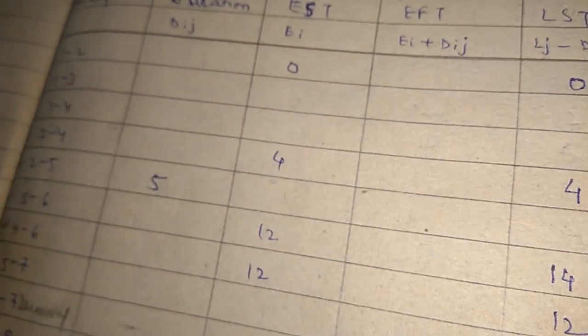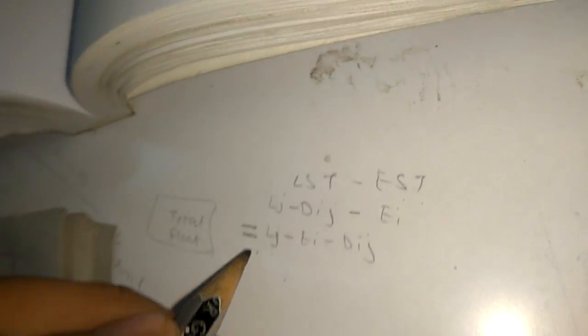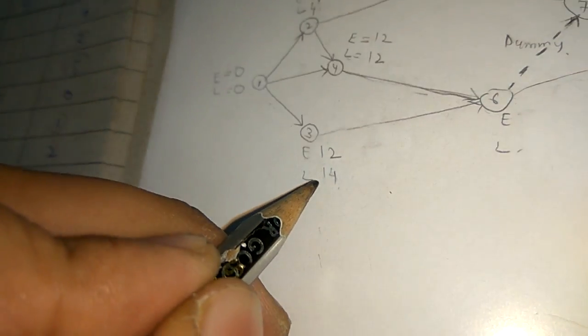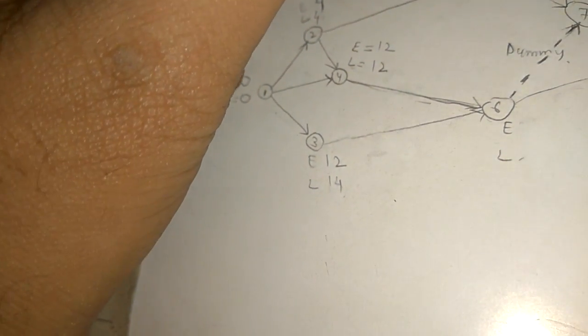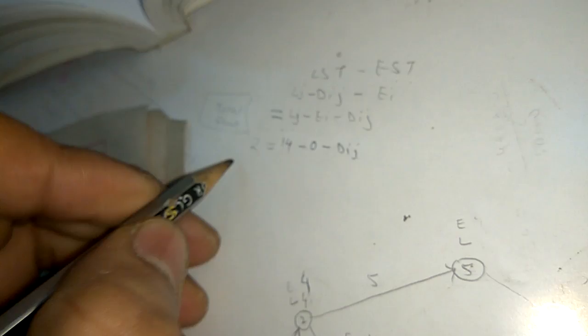Now we will consider the first activity for which total float is given but other figures are missing. So 1 to 3. Between 1 to 3 total float is 2. So we will apply the formula. Total float 2 equals LJ, which is 14, minus EI, which is 0, minus DIJ.